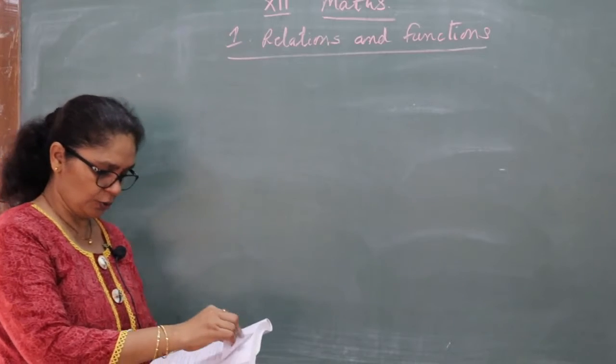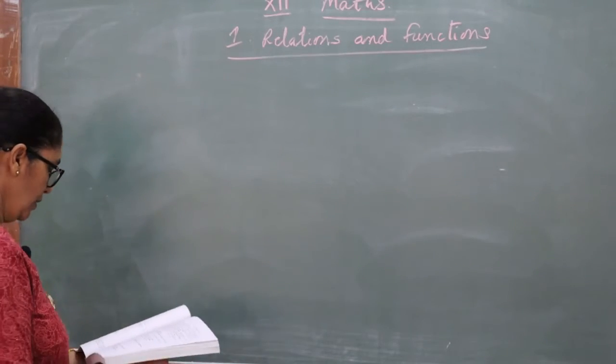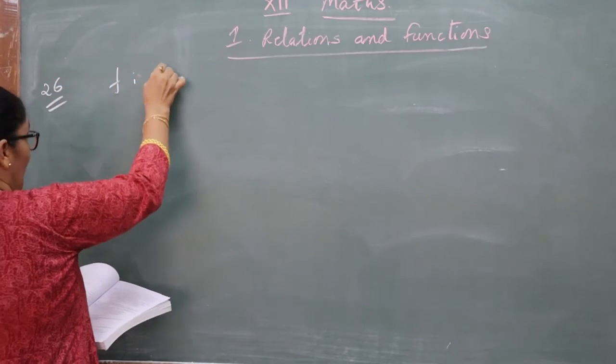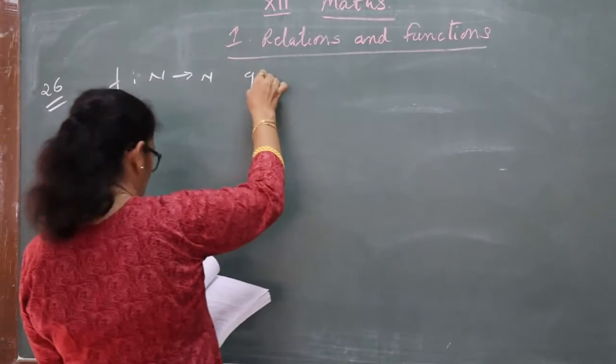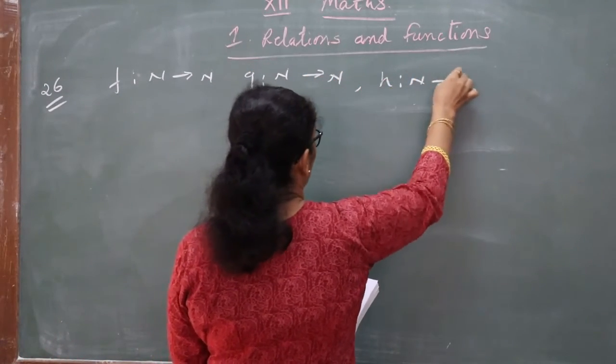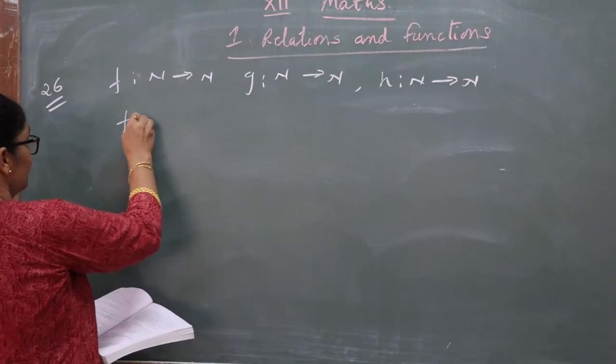Your next, this is your 25th question. Now 26th, check it. In 26th, you have given f from N to N, g also from N to N, and third function h from N to N. Okay, now what is your f x given?